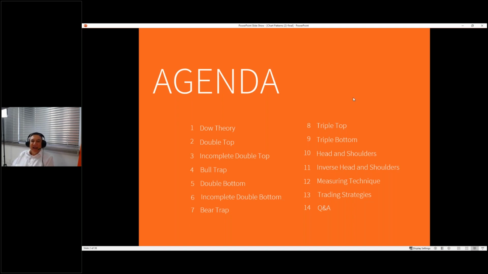Let's go through the agenda for today. Of course, we're going to remind ourselves of Dow theory. It's one of the most important theories in technical analysis, and a lot of concepts are based on Dow theory. Then we are going to talk about the double top, which is a trend reversal.